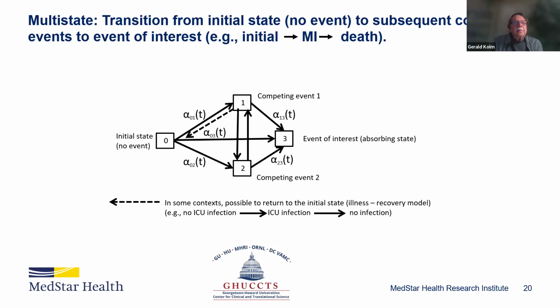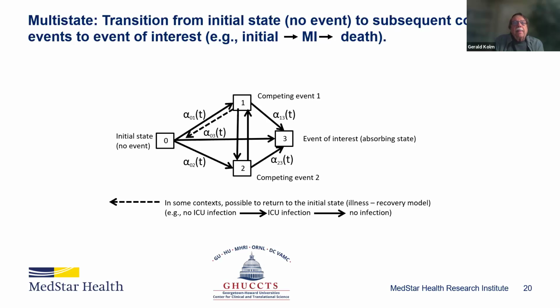Or you might start out at the initial state and then experience the event of interest, the absorbing state, without either competing event occurring. I didn't put them in there because it got too visually hard to see, but we would have a hazard function for going from competing event 1 to competing event 2.